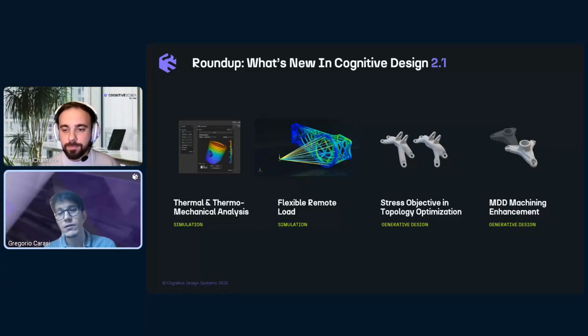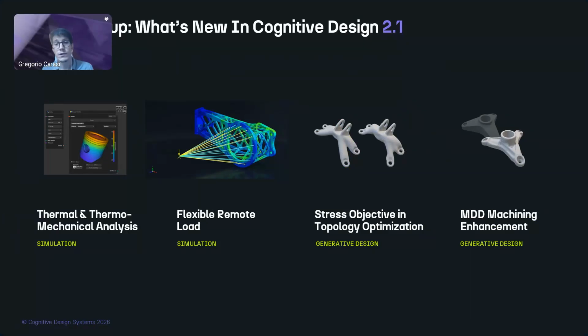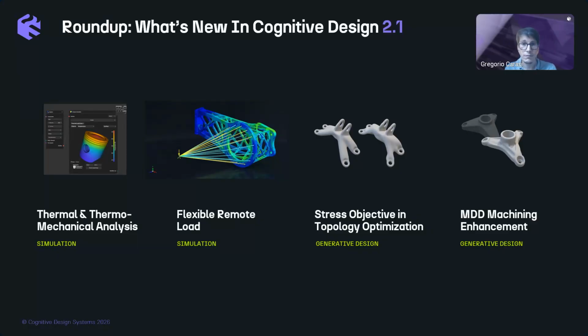We also worked on the generative design topic, where we added a new objective in the topology optimization, which is the stress objective. And we did some enhancements in our manufacturing and design for machining.